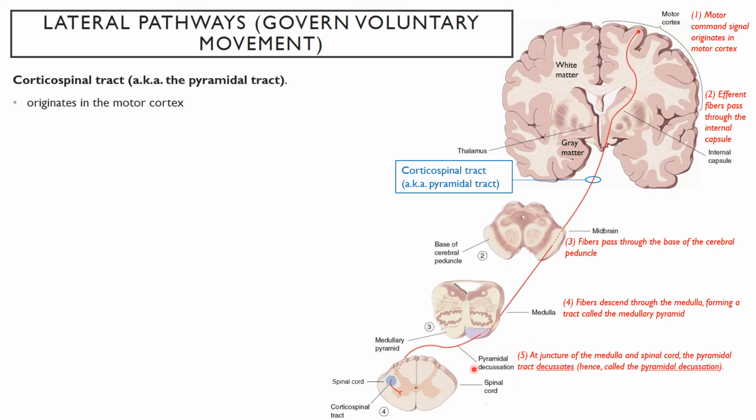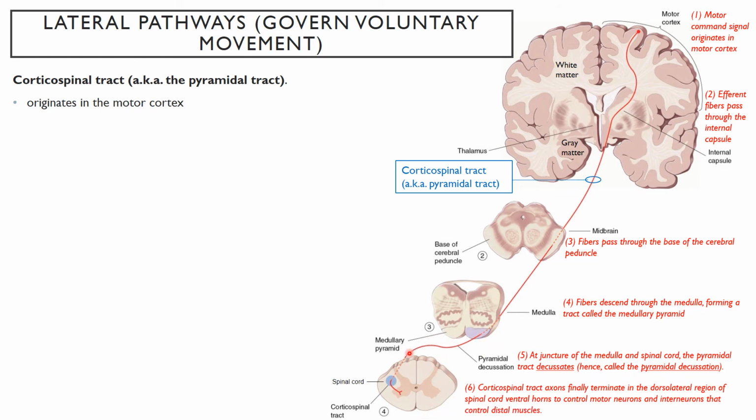So this is also referred to as the pyramidal decussation, or the medullary pyramid. So there's decussation that occurs there. So that's when the motor cortex here, we're looking at the right side, ends up on the left side of the body. So like most things in the brain, it is crossed, and it crosses at the medulla.